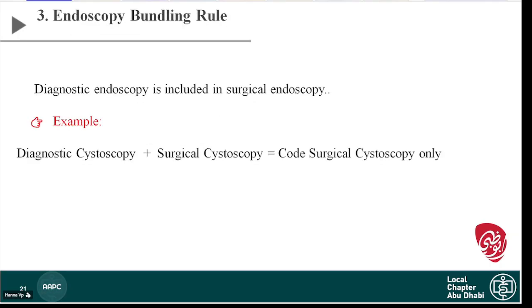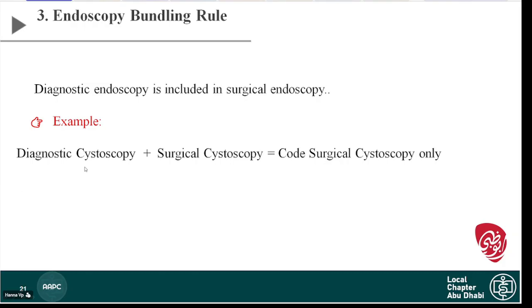Then after that, the bundling rule of endoscopy. We already discussed this, guys. Bundling rule means we have two types of endoscopy, right? Wherever you see an endoscopy procedure, if the doctor is doing diagnostic or surgical, the diagnostic endoscopy is included in the surgical endoscopy. That means the bundled rule.